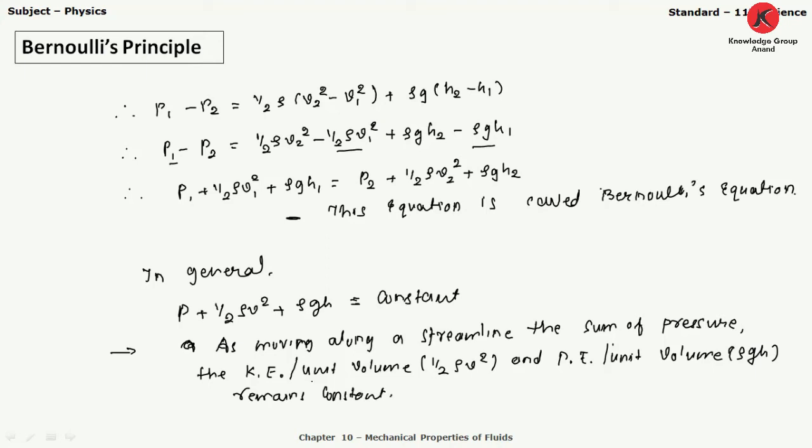So we can state Bernoulli's principle like this: moving along a streamline, the sum of pressure, the kinetic energy per unit volume and the potential energy per unit volume remains constant. So this is our Bernoulli's principle, and we have derived the equation for it.